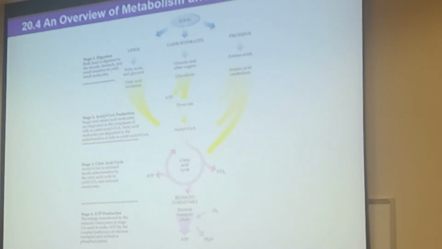Now that food to ATP, we can divide into 4 stages. Stage 1 we call digestion. She was giving an example of digestion. So what part is the digestion that we consider? We take food, and what type of food do we take? Food can be divided into these 3 categories: lipid, carbohydrate, or protein.